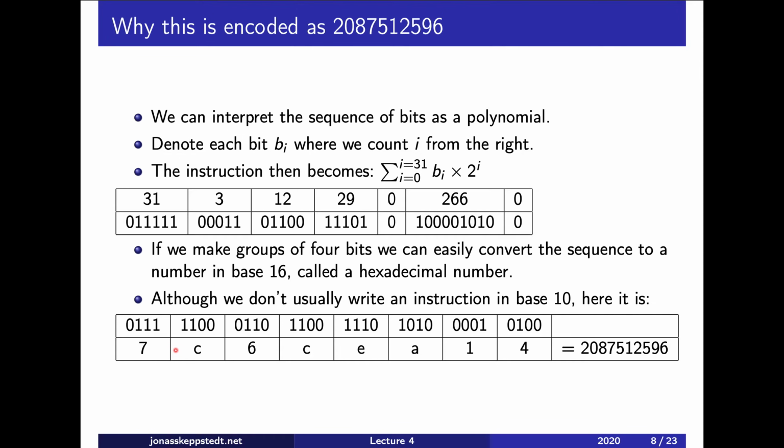To do that we need to group them in 4 bits at a time. Each base 16 digit can have a value from 0 to 15, obviously, and we group this in 4-bit groups and we get this number. If we translate this base 16 number or that base 2 number, we get this. So that's the explanation of where this number comes from.